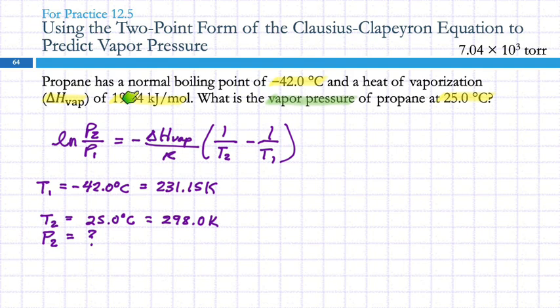So the normal boiling point is when the pressure is normal. What's normal pressure? 1 atmosphere, or 760 millimeters of mercury, or 760 torr. The answer's in torr, so I'm going to use torr here. So pressure 1 is 760 torr, and you have to get that from the word normal. It doesn't come out and tell you that.